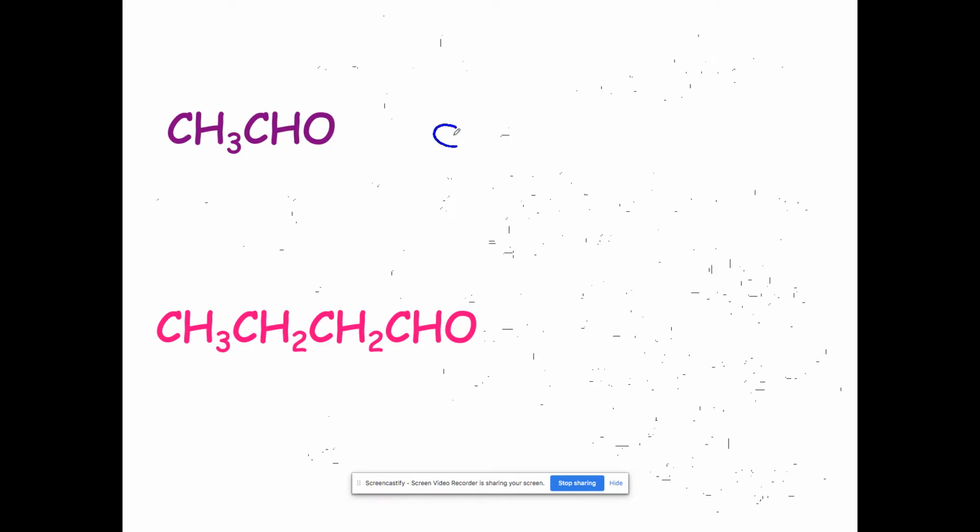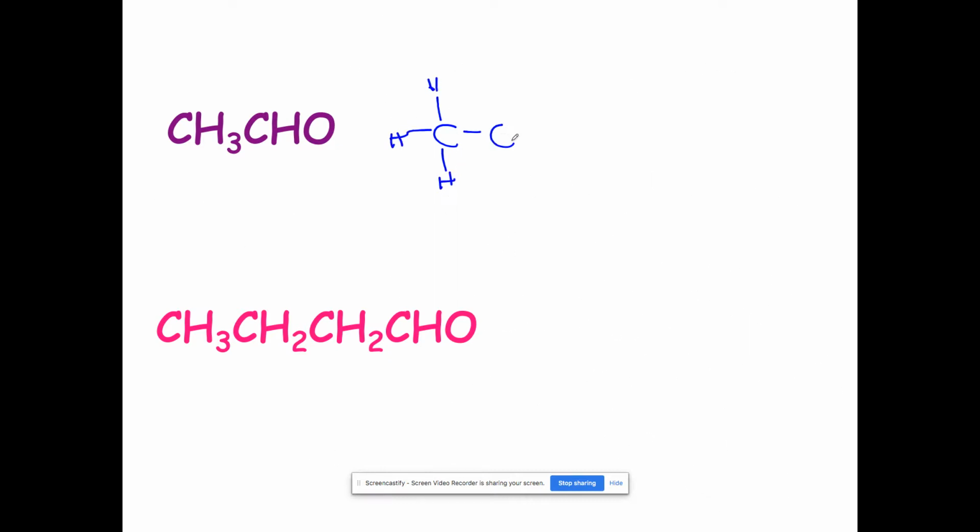CH3, CHO, CH3. I'll write them in. C. Now remember, carbon needs 4 bonds, and this already is 1, so we need 3 other bonds. So if I do this, CH3, CHO, I can't do that. I got a bond to nothing, and no, that's not how we do it. Which means what? There's not going to be 3 different bonds.